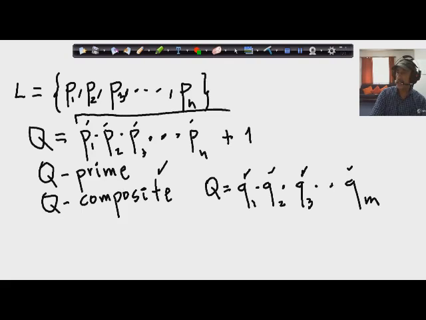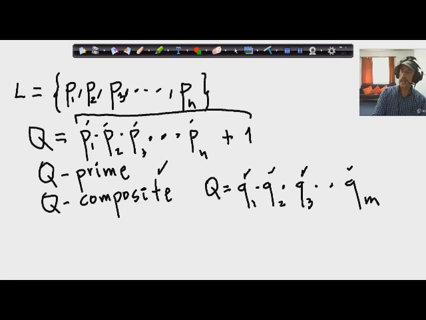As we saw earlier, if we divide Q by any of the p's, we get a remainder of 1, not a remainder of 0. This means that the primes dividing Q are not included in this list. So again, we would have found new primes not contained in the list.